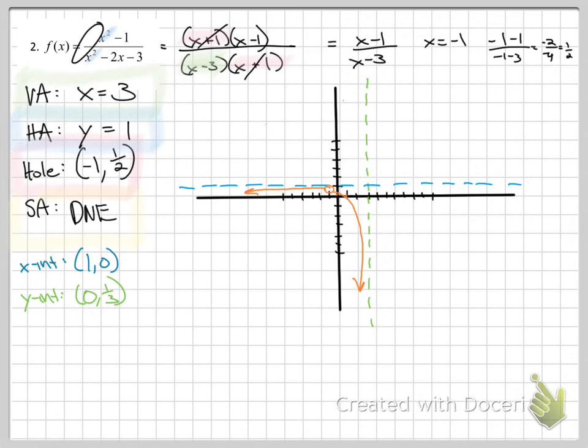So we need to find something on the other side, because remember, again, it could be up here or it could be down here. So if our asymptote is at 3, we should plug in 4 into our simplified equation. 4 minus 1 over 4 minus 3, 3 over 1, +3. So at 4, it goes through +3, which means I know it's up here for my other piece, hugging the asymptotes.